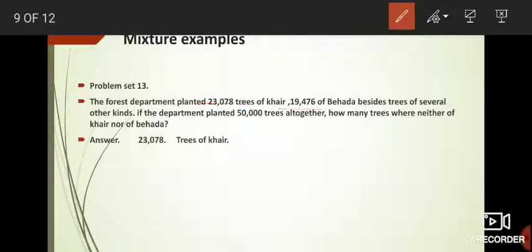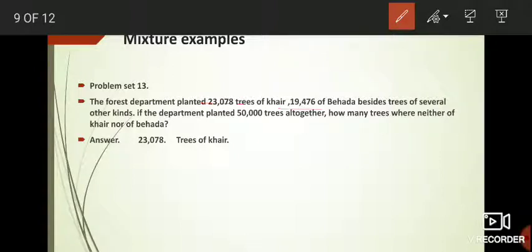So for the third child, how many chocolates did she give? That we have to find. Total chocolates are 20. For the first child she gave 5 and for the second child 7. 5 plus 7 how much, students? Yes, it is 12. So 20 minus 12, how many remain? Yes, 8 remain. So she gave her third child 8 chocolates.